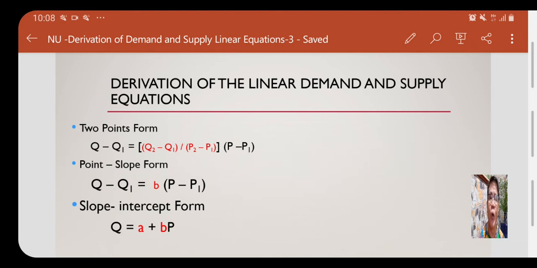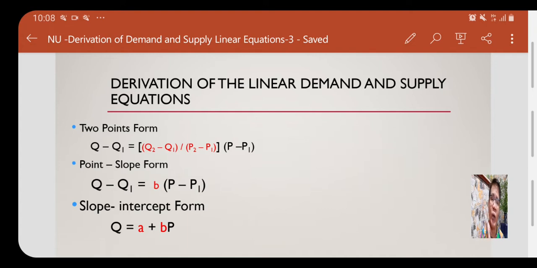In the 2 points form, we have q minus q sub 1 is equal to q2 minus q1 all over p2 minus p1 times p minus p sub 1. The point slope form is given by q minus q1 is equal to b times p minus p1. And the slope intercept form is q is equal to a plus bp.